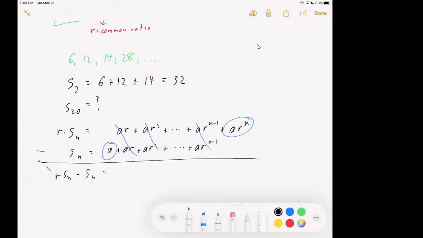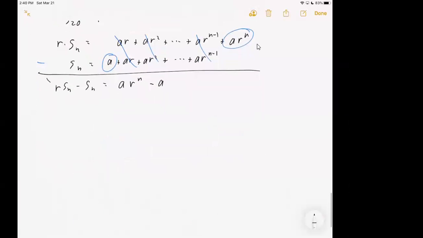So since the first line is what's being added, you get a times r to the n minus a, and with a little bit of factoring, we can see that this is S of n times r minus 1 is equal to a times r to the n minus 1.